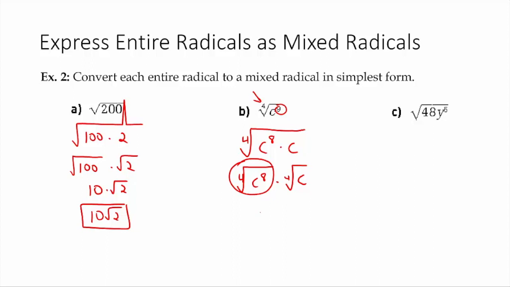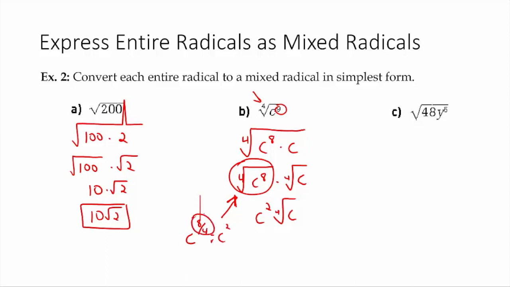Well, that is just c squared times the quad root of c. A really nice way to think about this is if I write it as an exponent, this is going to give me c to the power of 8 over 4, which gives me c squared.